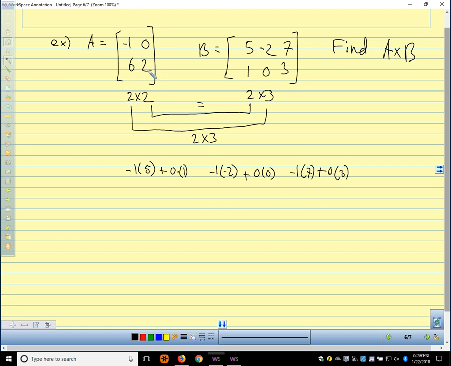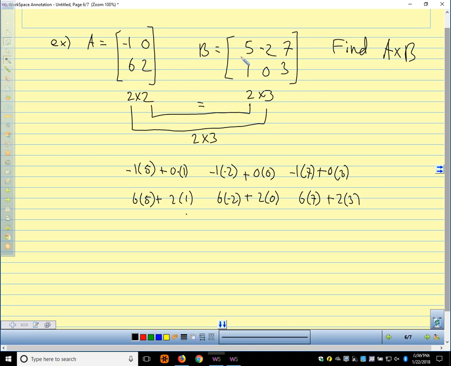Now we're going to do the second row, first column: 6 times 5 plus 2 times 1. Second row, second column: 6 times negative 2 plus 2 times 0. Second row, third column: 6 times 7 plus 2 times 3.